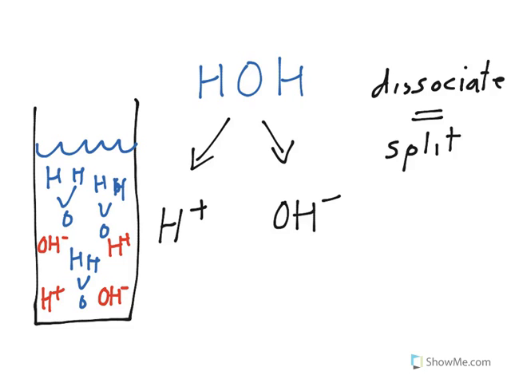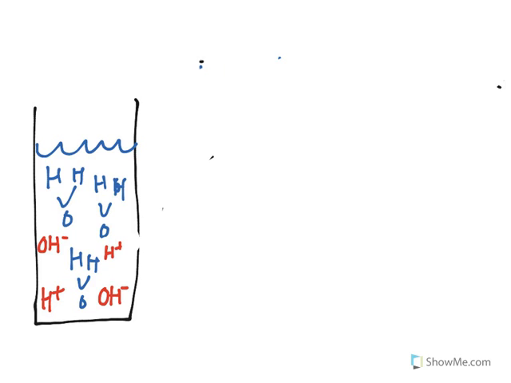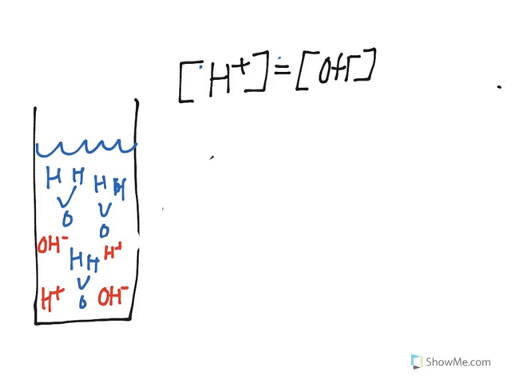Okay, so now that we understand this, we can get to our fundamental question of what is an acid, what is a base. If the concentration of my H plus, the hydrogen ions, is equal to the concentration of my OH minus ions, if the concentrations are equal, it is neutral.